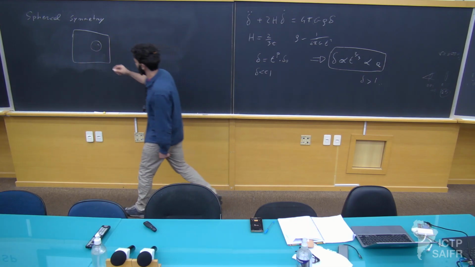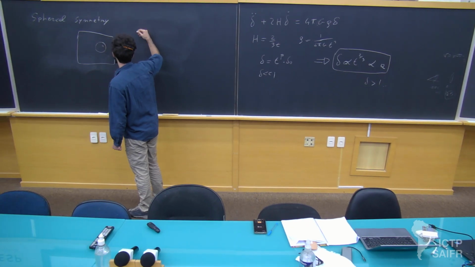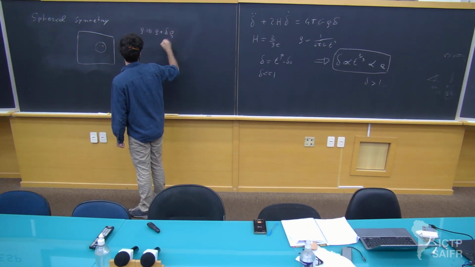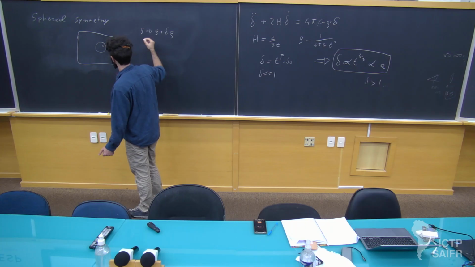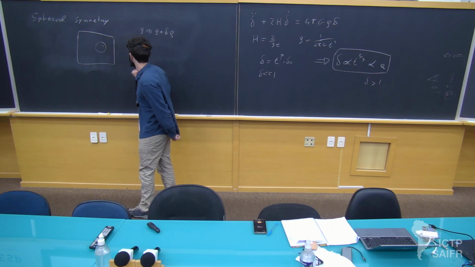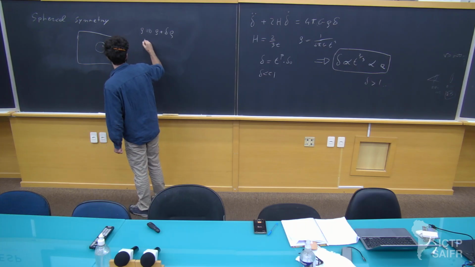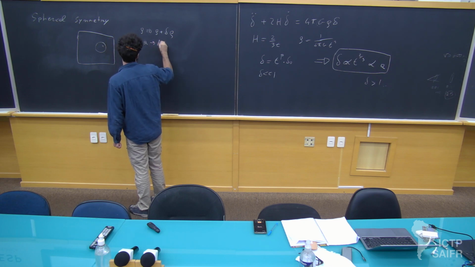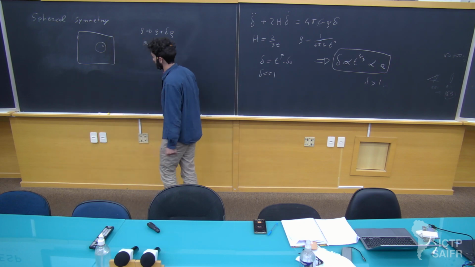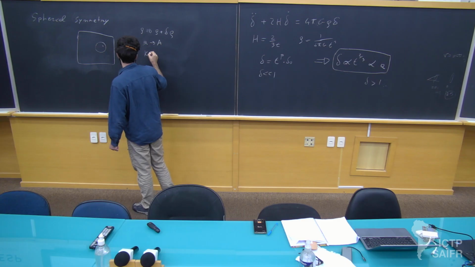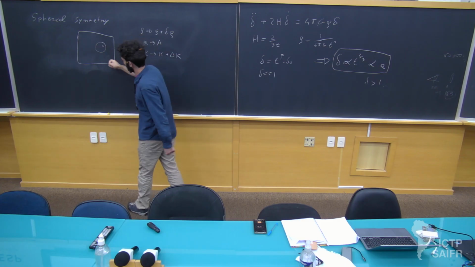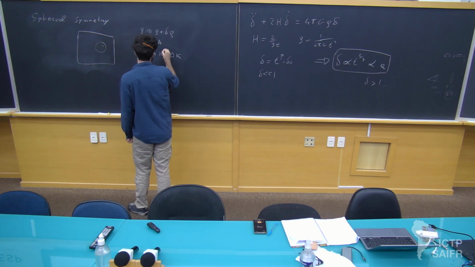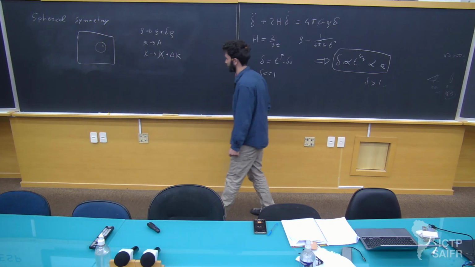So inside the sphere, we have rho, which is actually some rho plus delta rho. And so there will be a slightly different H, or a slightly different, if you want, scale factor a going in some a tilde, and potentially there will be some curvature. So the curvature will go in some k plus delta k. Since we were assuming that outside the universe is flat, we can take the background curvature to be 0.